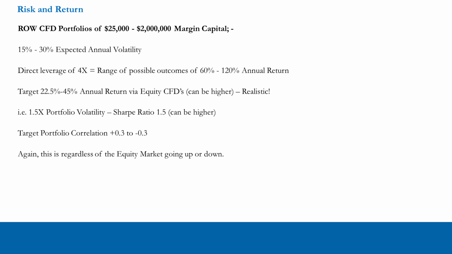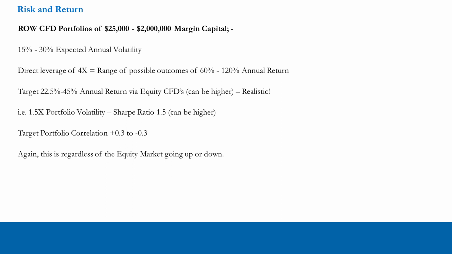And again, the correlation is the same. This is regardless as well of the equity market going up and down, because we still have the long short absolute return mandate. Now, the reason for the expected returns, what we're targeting, the 22.5 to 45 being lower than equity options, is just the difference in the direct leverage and the implied leverage.